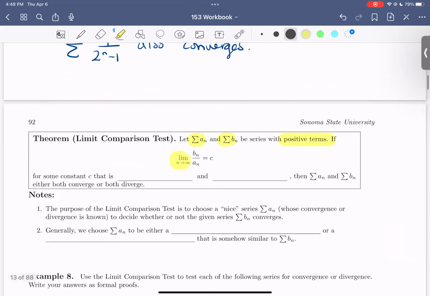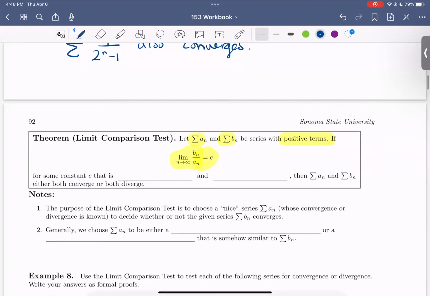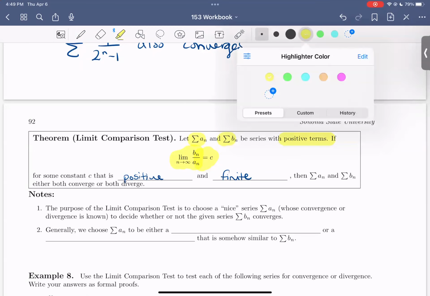Now, if the limit of the b_n over the a_n terms is equal to c, some finite value, and we can say more for some constant c, that is, c has to have some particular properties. Those properties are that c is positive and finite. Then the series of a_n's and the series of b_n's either both converge or both diverge. So their behavior is the same.